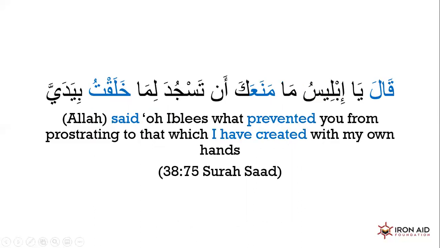قال يا إبليس ما منعك أن تسجد لما خلقت بيدي. Okay, so this is a longer sentence. Starting off, the verbs mentioned in this passage that are of interest to us, the first is قال, which means he said, implying Allah said. قال يا إبليس, O Iblis, ما منعك.